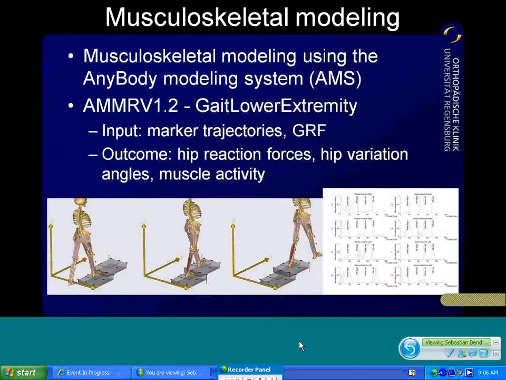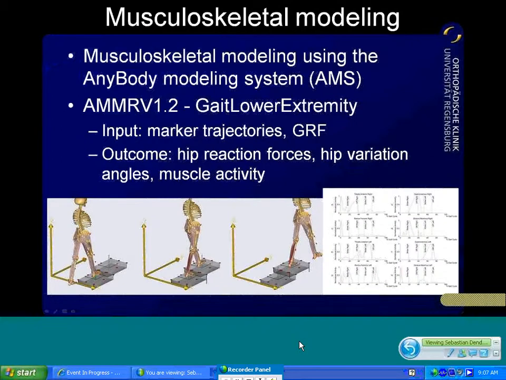Well, we used musculoskeletal modeling to examine the hip reaction forces. We used the musculoskeletal modeling system, the AnyBody Modeling System, the AMS, and we used the AnyBody Managed Model Repository version 1.2 to get the lower extremity model. As input, we used the marker trajectories and the ground reaction forces of the gait analysis, and as outcome, we get the hip reaction forces, the hip rotation angles, and the muscle activity.